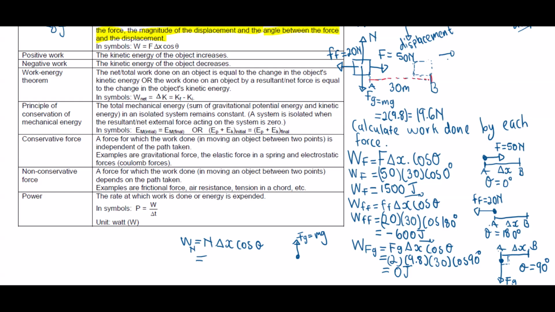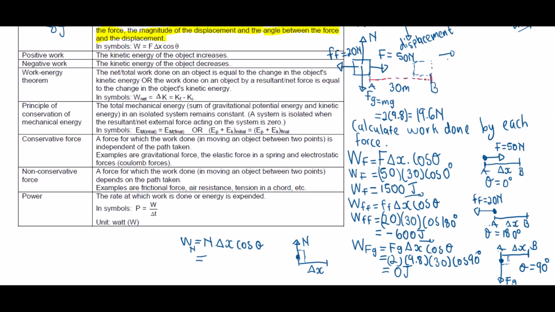Notice that the normal force is going upwards, and the displacement is going to the right. And now, what is the angle between the force and the displacement? Since the two quantities are perpendicular to one another, we will have that the theta is also 90.